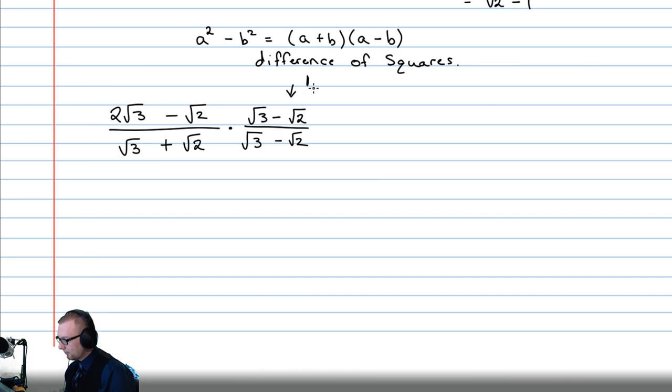Okay. So now, what do you get? Oh, I forgot this. Okay. Start with what's on the bottom. What do you get on the bottom? With the bottom, okay, do we open brackets or just multiply them?